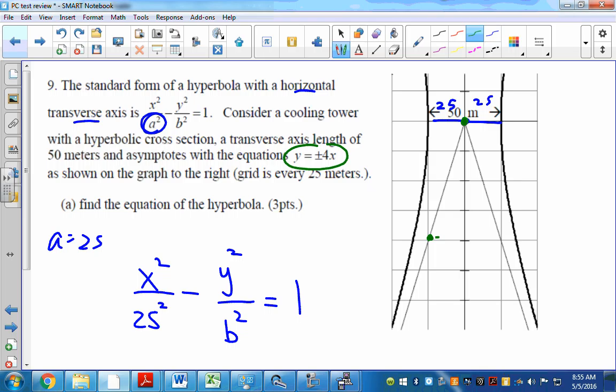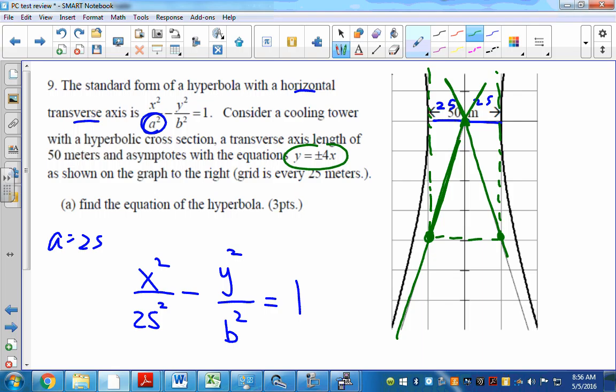So even though we don't have the box drawn, we do know that the box looks something like this. And it's going to be going up here somewhere up to the top. But yeah, this asymptote has a slope of 4 going through there. This asymptote has a slope of -4 going through there, and obviously continuing up, but we don't have the top of the box shown. We just have the bottom of it.